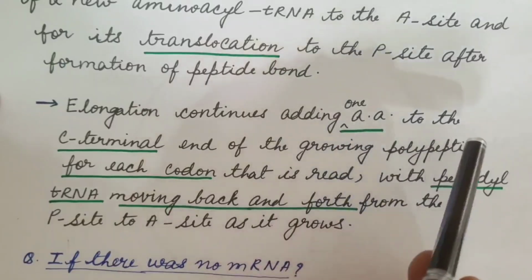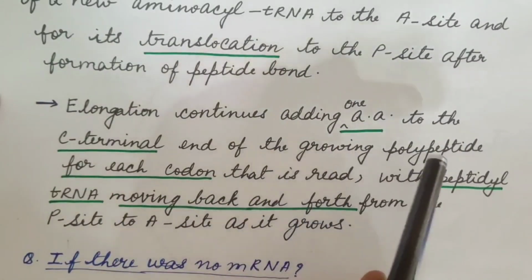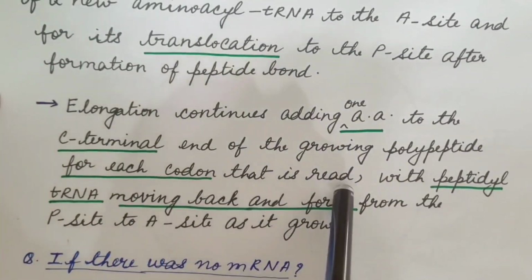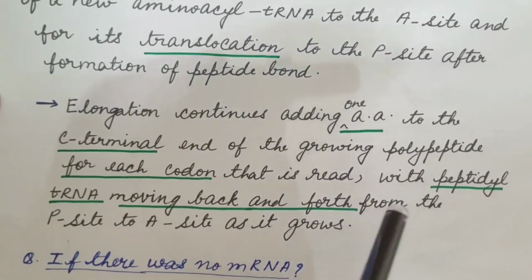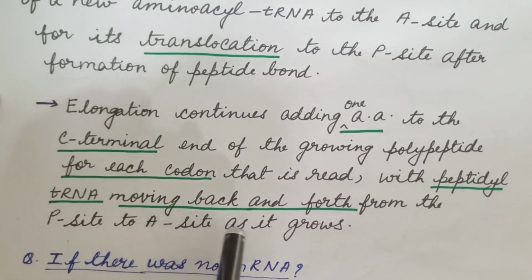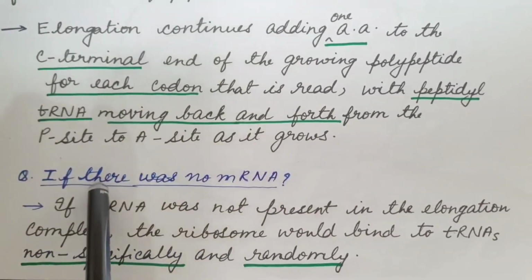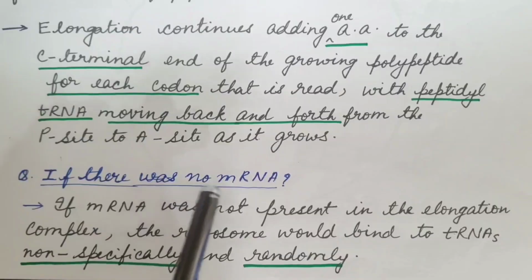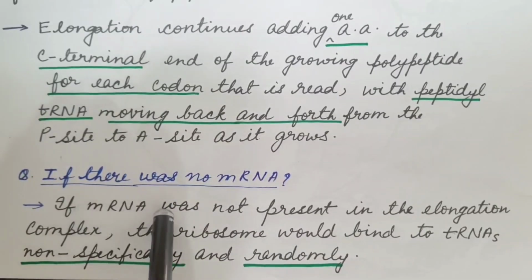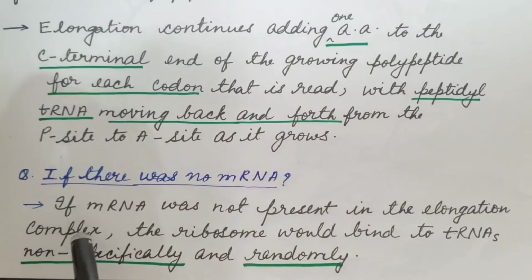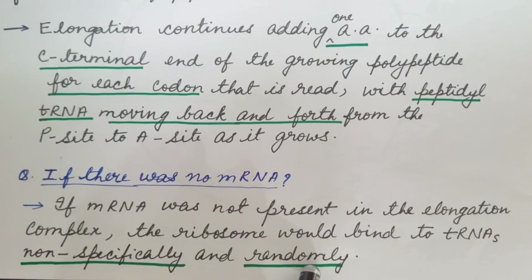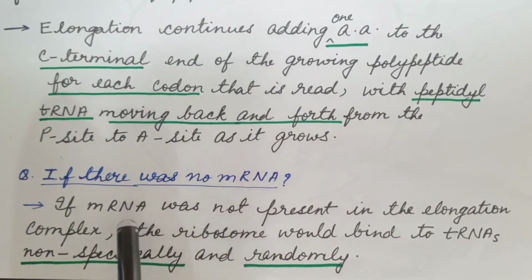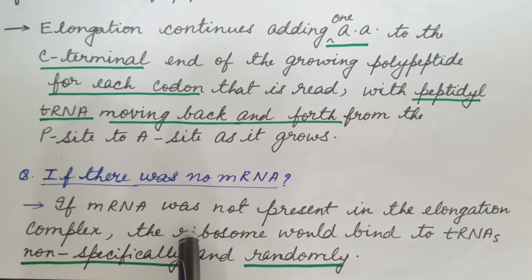Elongation continues, adding one amino acid to the C terminal end of the growing polypeptide for each codon that is read, with peptidyl transfer RNA moving back and forth from the P site to the A site as it grows. Now one may think, what will happen if there was no messenger RNA? If messenger RNA was not present in the elongation complex, the ribosome would bind to transfer RNAs non-specifically and randomly, and hence a specific polypeptide would not be synthesized.